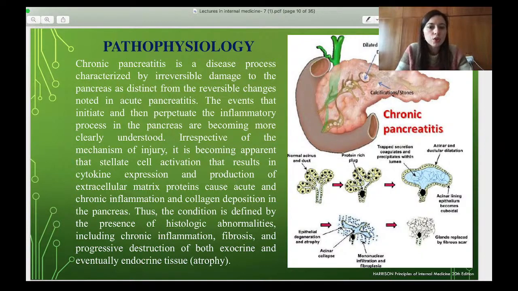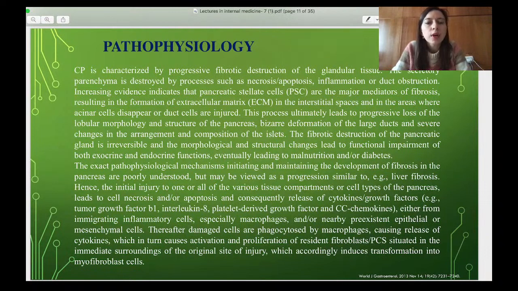The condition is defined by the presence of histologic abnormalities, including chronic inflammation, fibrosis, and progressive destruction of both exocrine and endocrine tissue. Chronic pancreatitis is characterized by progressive fibrotic destruction of the glandular tissue.